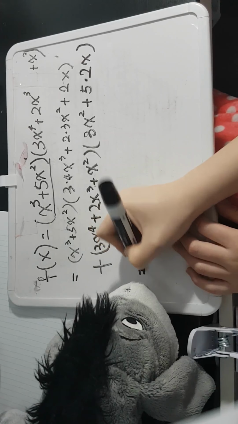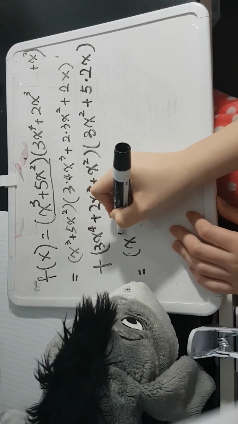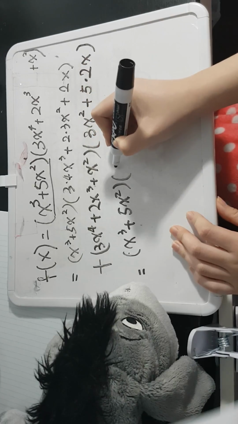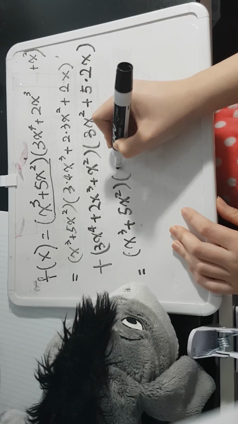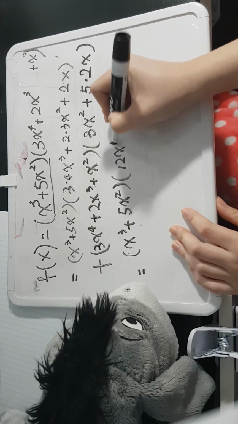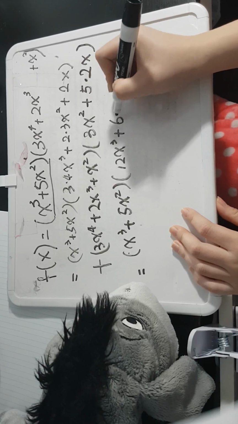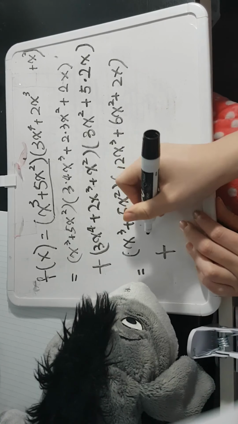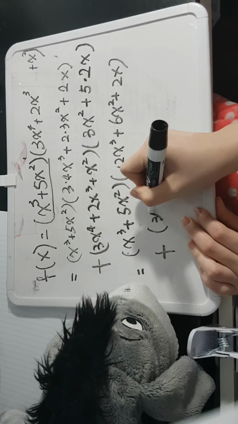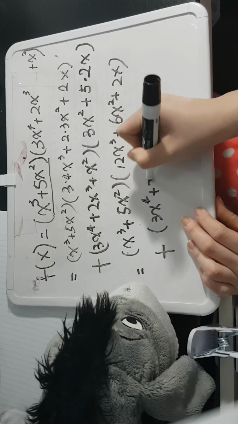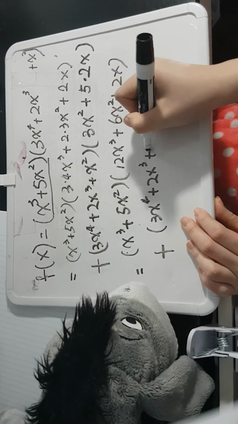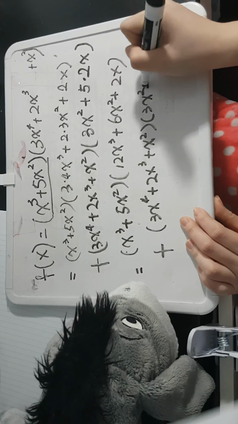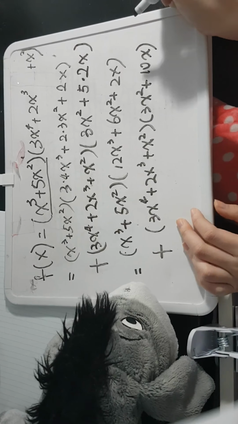And we're just going to organize this equation. Okay, (x to the power of 3 plus 5x squared) multiplied by (3 times 4 is 12x to the power of 3, plus 6x squared, plus 2x), plus (3x to the power of 4 plus 2x to the power of 3 plus x squared) multiplied by (3x squared plus 10x).